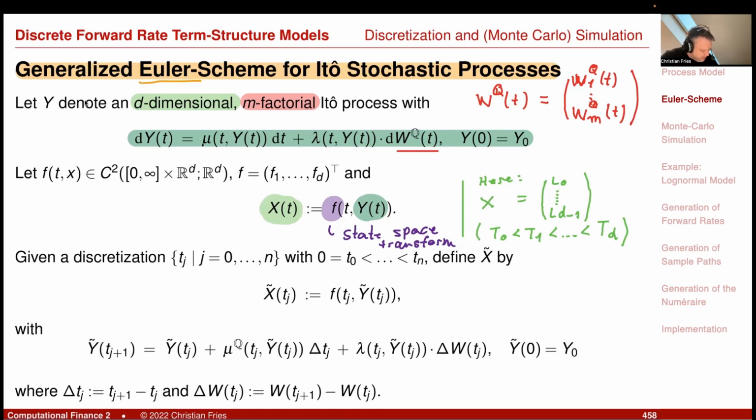So now we use the Euler scheme on y. Since I already have y given with my model parameters, my model parameters are now the lambda coefficient for the y. So the lambda coefficient for the y does not need to agree with the lambda coefficient for the x.